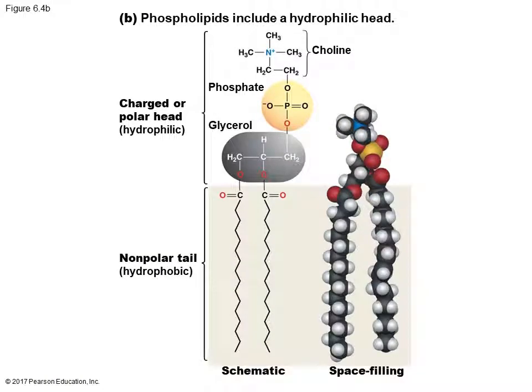This is what a phospholipid looks like. You can see glycerol and two fatty acid tails, but the third one has been removed and replaced by a phosphate. In addition to the phosphate, we see some other molecules and atoms which are collectively called choline.